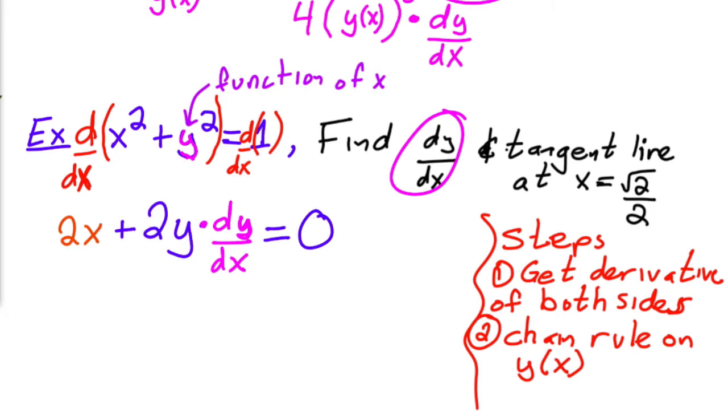Then if I'm trying to solve for dy over dx, I'll move the 2x over. So I get dy over dx is equal to negative 2x, and then I'll divide both sides by 2y.